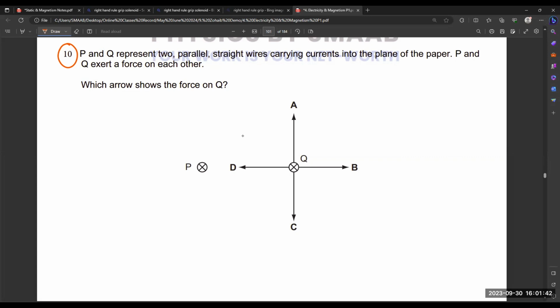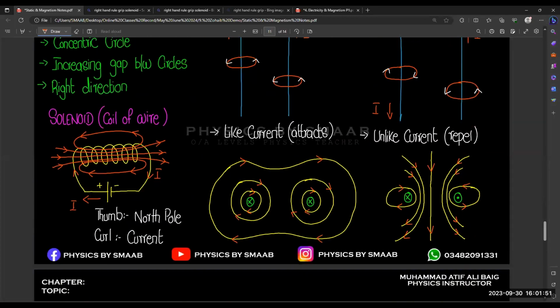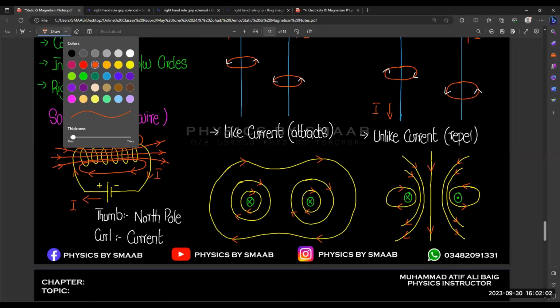So they are asking which arrow shows the force on Q. Let's suppose you consider this diagram that we discussed. With reference to this diagram, what do you think will be the force, towards each other or away from each other?